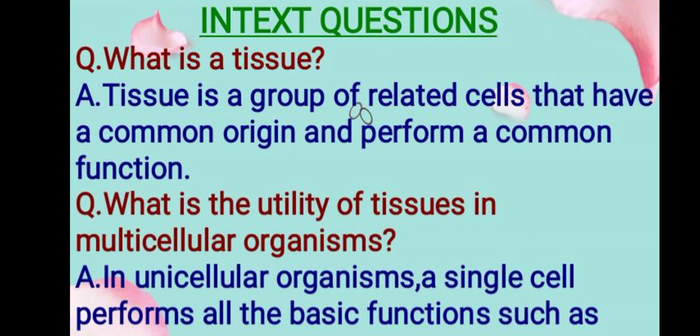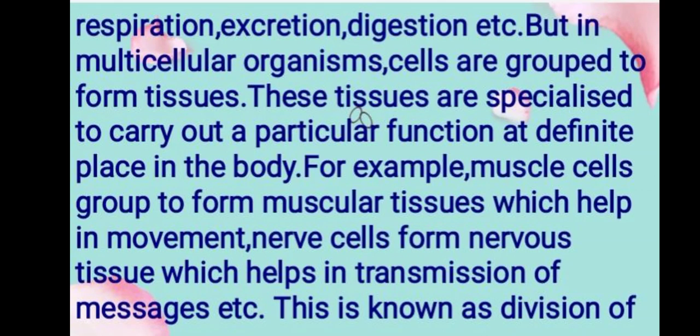Next question is, what is the utility of tissues in multicellular organisms? Children, in unicellular organisms, actually the single cell performs all the basic functions such as respiration, excretion, digestion, etc. But in multicellular organisms, cells are grouped to form tissues.